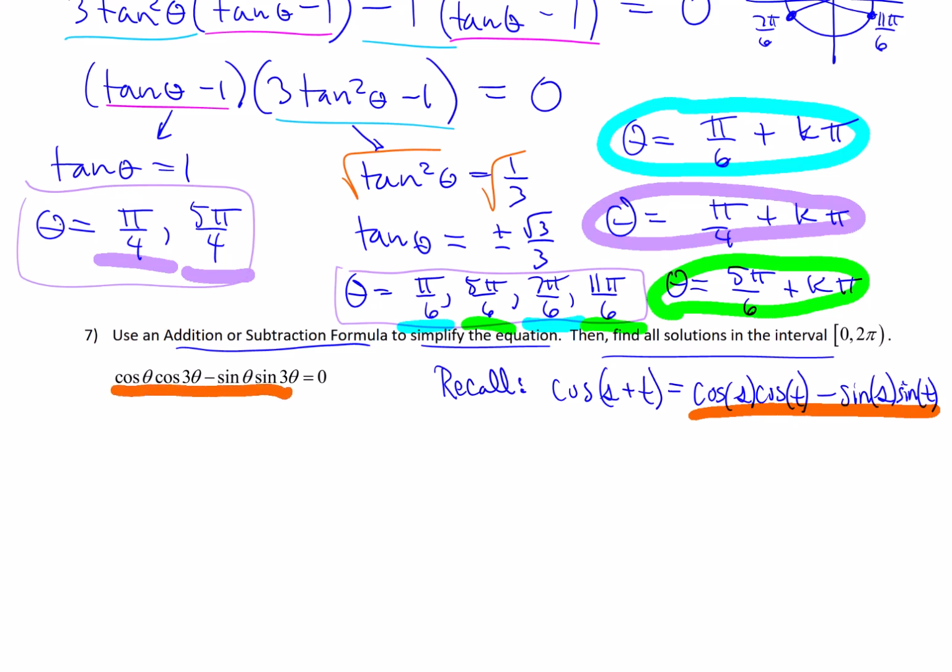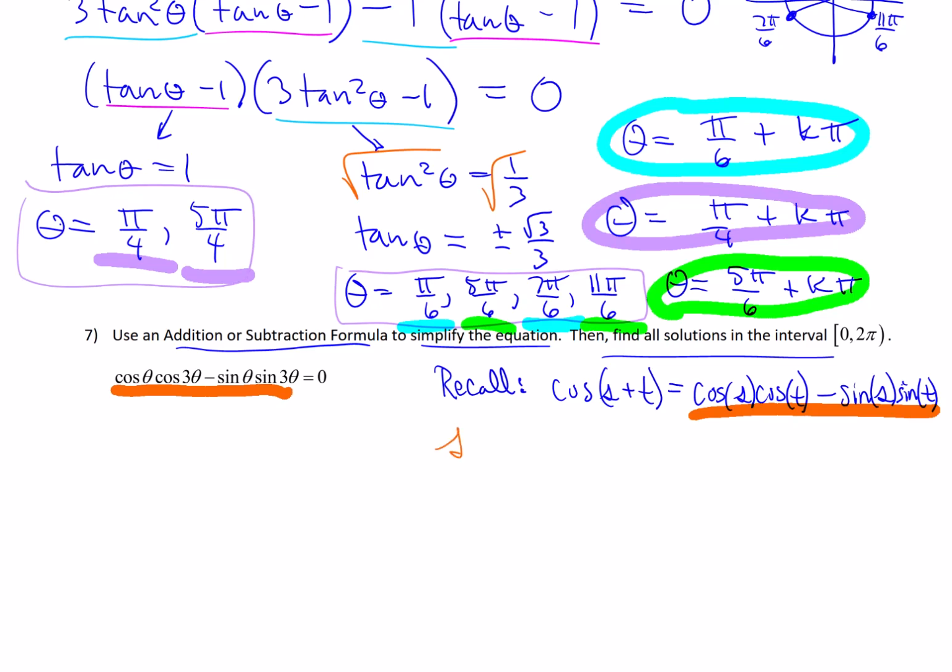That is, the right side I wrote was cosine s cosine t minus sine s sine t. The left side of the equation given is cosine theta cosine 3 theta minus sine theta sine 3 theta. In that way, we should be able to match up what the s and the t are here.